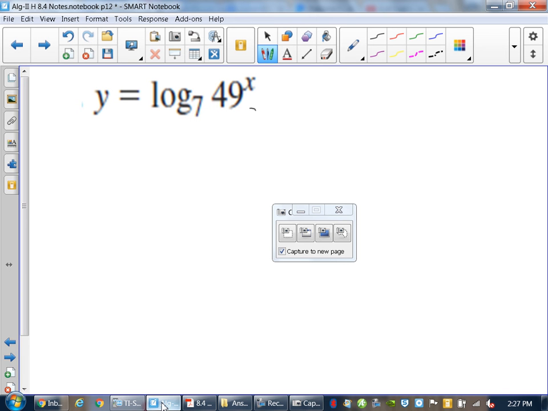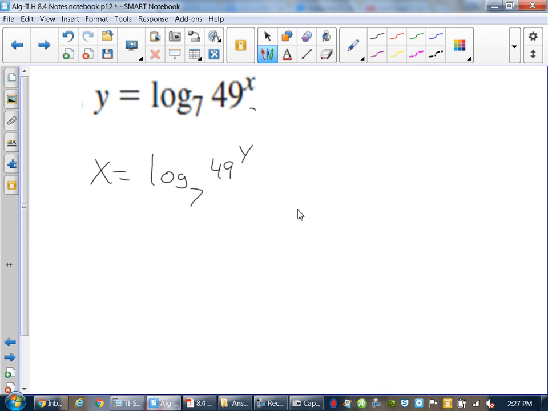So I'm going to do the inverse again. The first step of finding the inverse is to flip-flop your x and y. We okay with that? Next step is to see if I can simplify my log. Well, 49 is, how do I rewrite that as a base 7? It's 7 squared, because 49 is 7 squared.